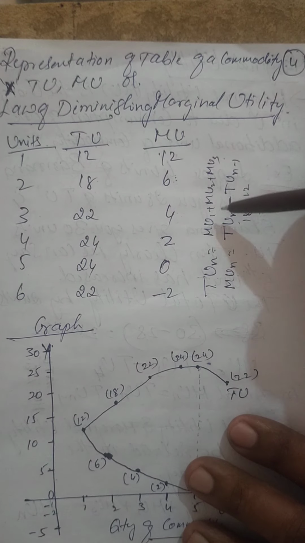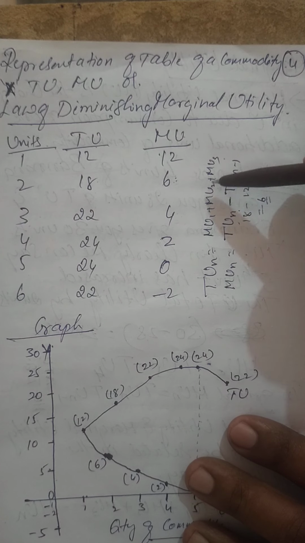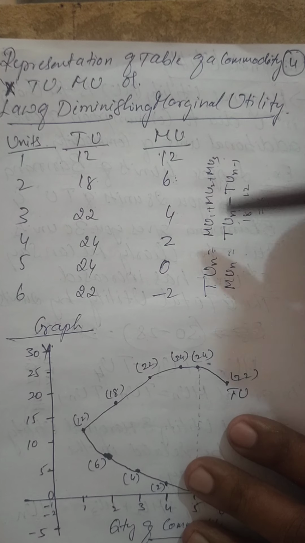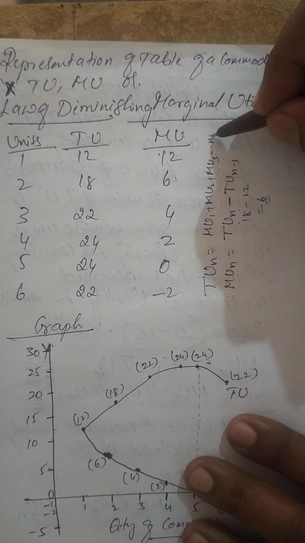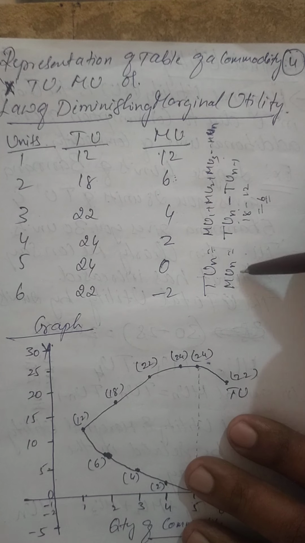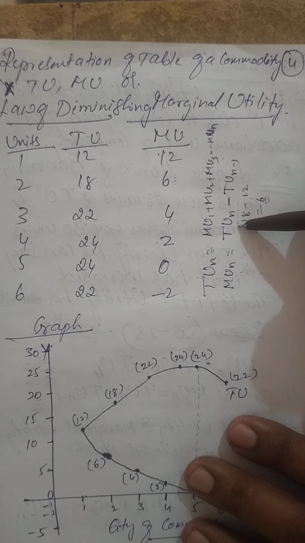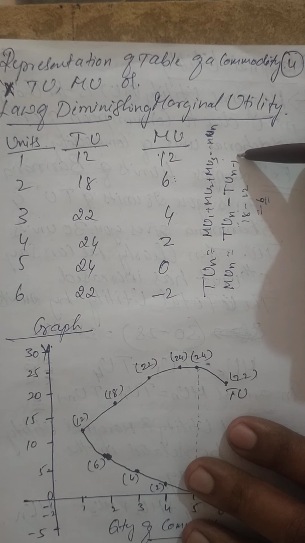If you want to calculate MU1, MU2, MU3, you should add all the MUs, up to MUN. If you want to calculate MUN, the marginal utility of the nth unit, you need to go by two particular formulas. TUN minus TUN minus 1.